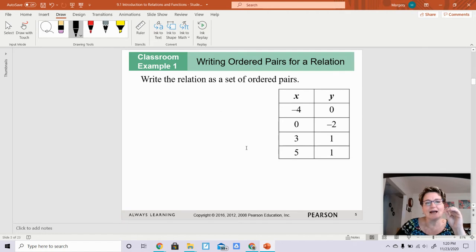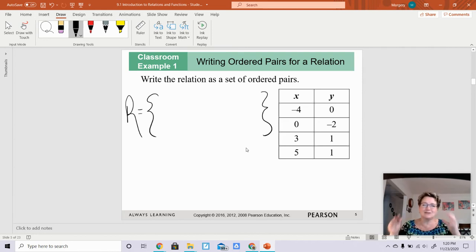If I ask you, like on example 1, to write a relation as a set of ordered pairs, a relation is used as the letter R. So the relation is equal to, and then these are not parentheses or brackets, they're just like little bat wings, like the Batman symbol. This is your first point, second point, third point, and fourth point.